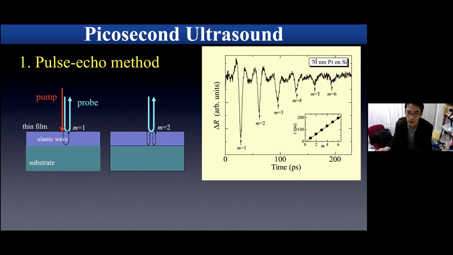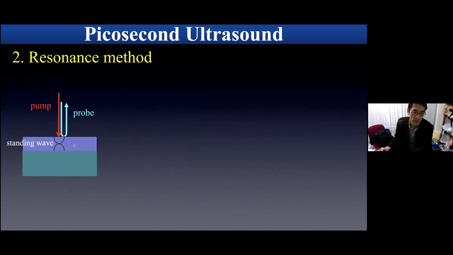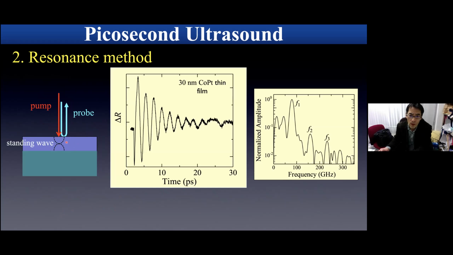If the material is thinner, then resonance occurs inside the thin film or nanostructures. For example, in the case of a thin film of cobalt platinum alloy with a thickness of about 30 nanometers, you can see the resonance occurs by applying the pump-probe pulse with femtosecond time duration.